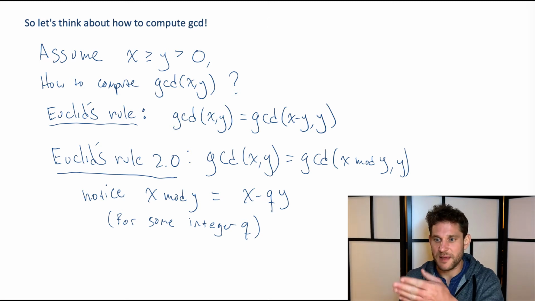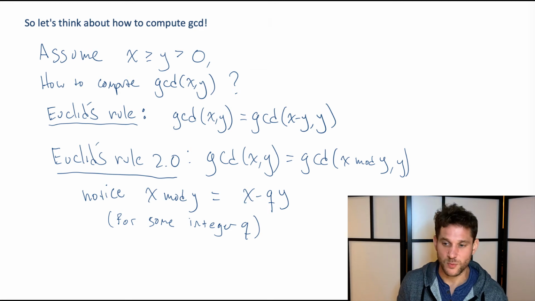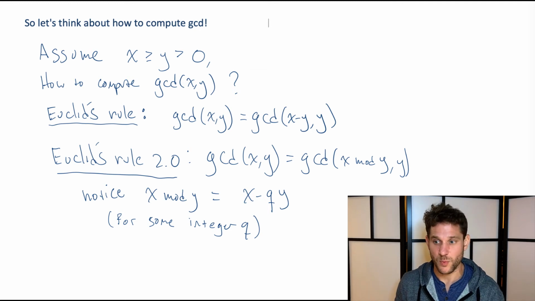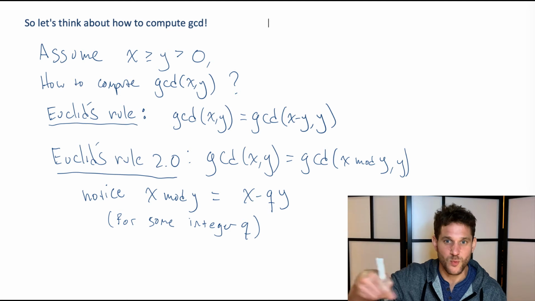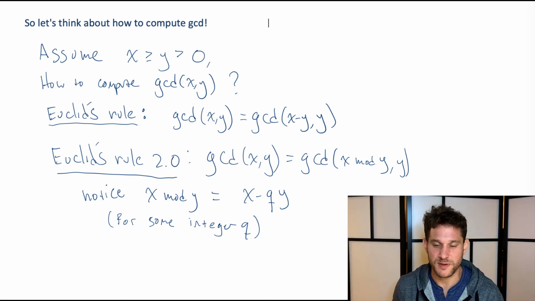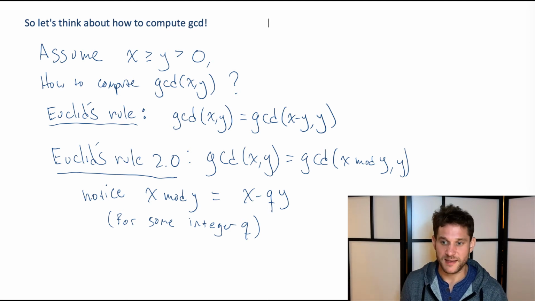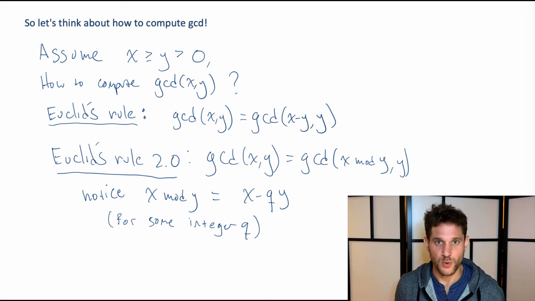So to get this statement that the GCD of x and y is the same as the GCD of x mod y, comma y, I simply apply Euclid's rule 1.0 q many times, right? I keep subtracting y off of the first argument of the GCD until I get down to this remainder. And that's how I get Euclid's rule 2.0.